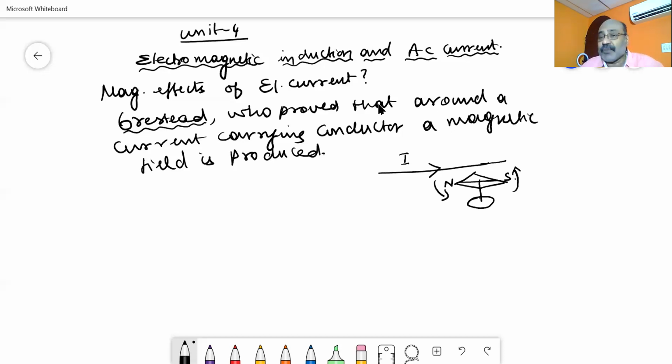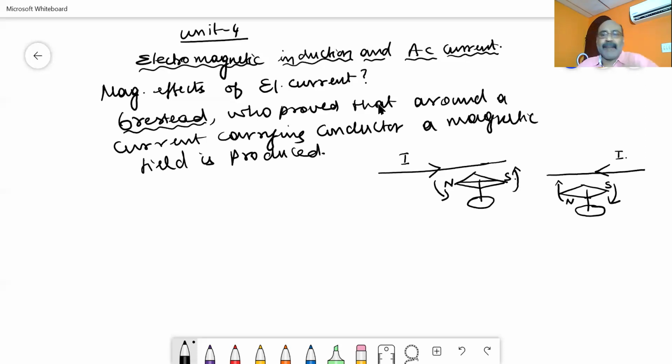In order to prove that, he repeated the experiment by supplying the current in the opposite direction. Again a deflection was produced, but in the opposite direction to the previous one.